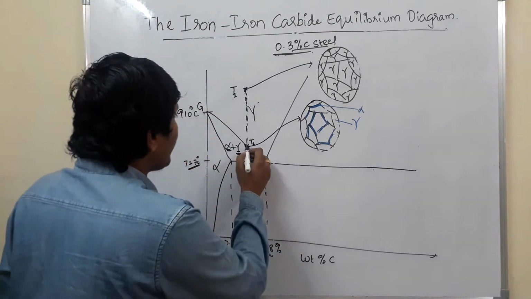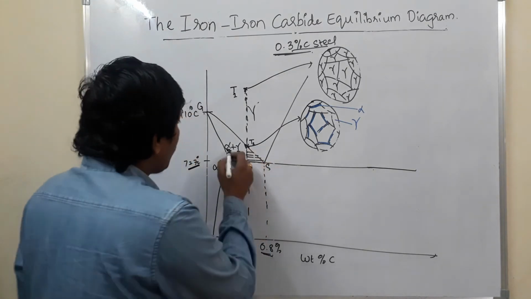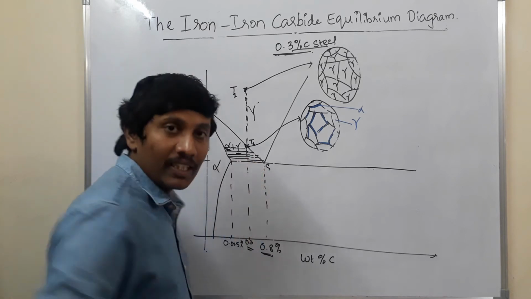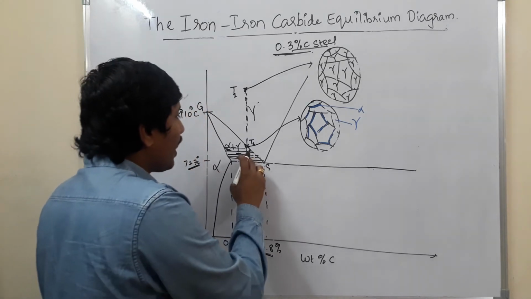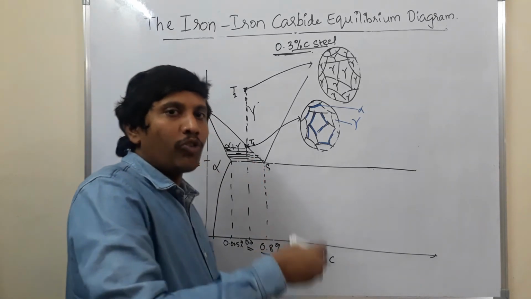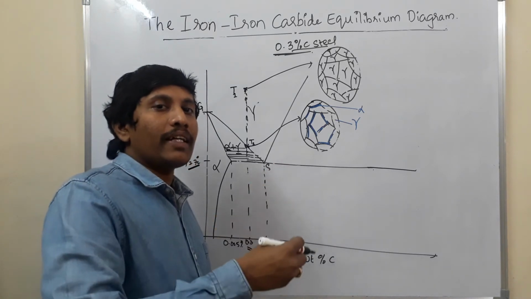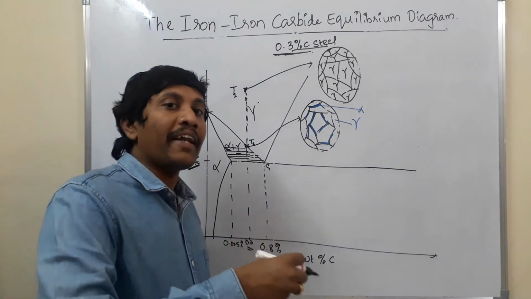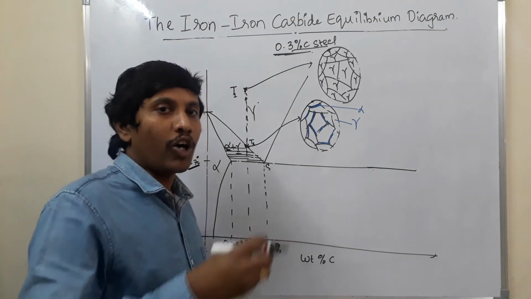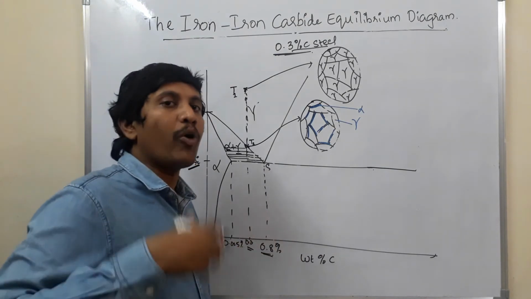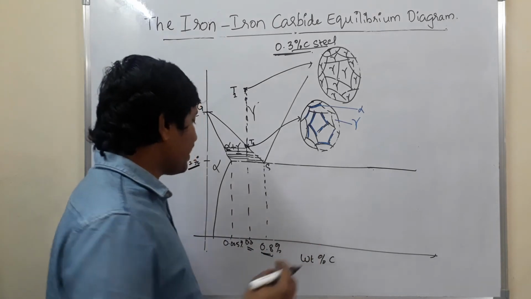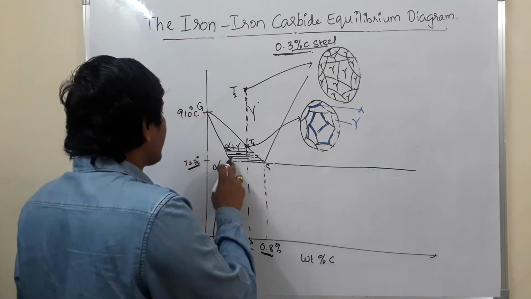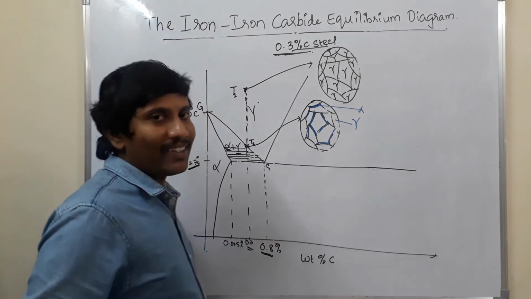Thus, upon equilibrium cooling, the portion of ferrite increases. The carbon which comes out of the solution gets dissolved in the remaining austenite, and the austenite gets enriched in carbon, reaching a maximum of 0.8 percentage carbon at 727 degrees centigrade.